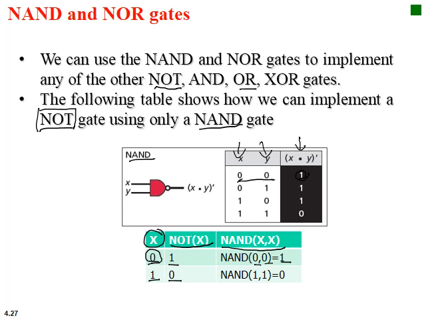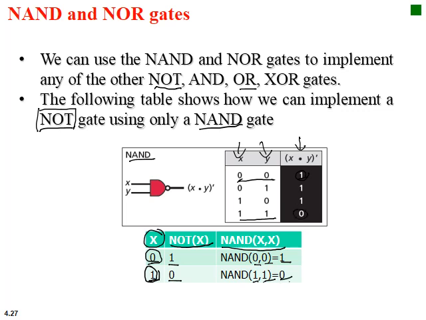And then, if we take NAND 1, 1, so in the case here that X is 1, in other words, we substitute X with 1s, NAND 1, 1, remember what NAND 1, 1 would give us? A 0.